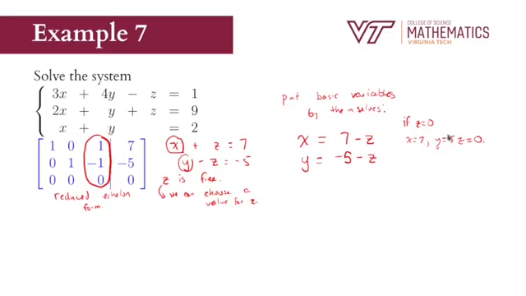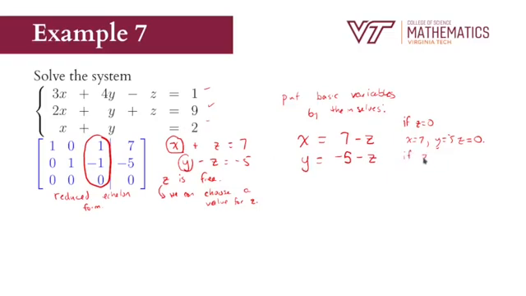Or y is negative 5, not 5. 3 times 7 is 21. 4 times negative 5 is negative 20. 21 minus 20 is 1. 1 minus 0 is 1. So that checks. The second row is 14. 2 times 7 is 14. 14 plus negative 5 is 9. 9 plus 0 is 9. So that checks. And the bottom row, 7 minus 5 is 2. So that checks.